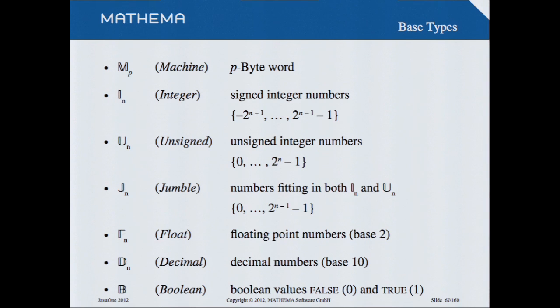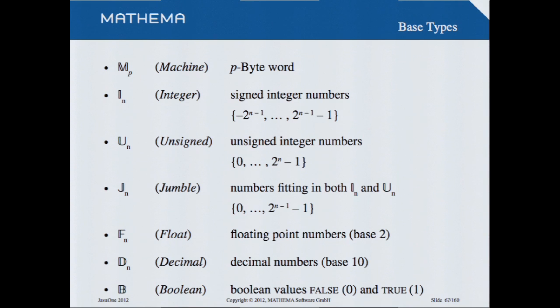Then we have a float and decimal. I wasn't interested in floating point and decimal point arithmetic yet, but this will follow soon. The decimal will be oriented at the new IEEE standard, so you have a decimal format which might be a little bit faster than the big decimal in Java, but this is not sure.